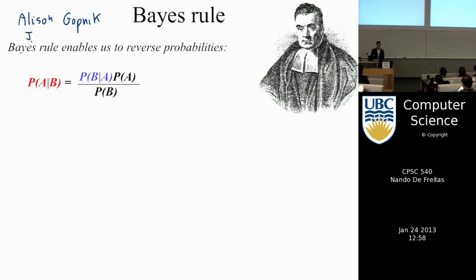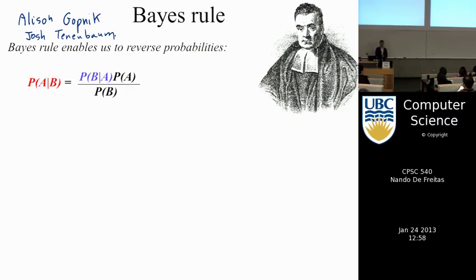And then there's also some great work by Josh Tenenbaum. Josh is a cognitive scientist. Alison is a psychologist at Berkeley. So in psychology, Bayesian thinking, especially in cognitive psychology, is a very important area of research.